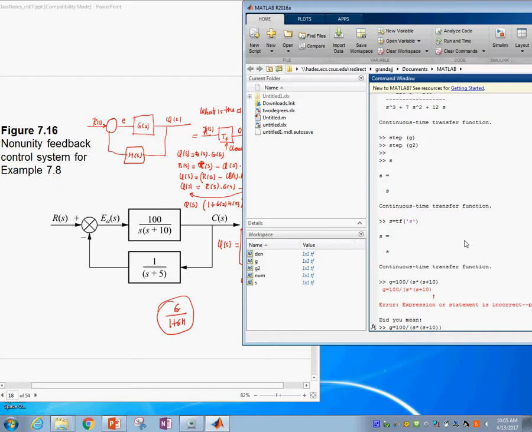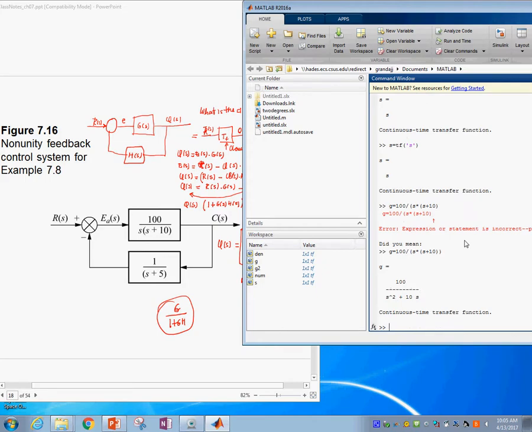Now we have a slight problem. Oh, we need a parenthesis. Okay, yes. So that's the G.